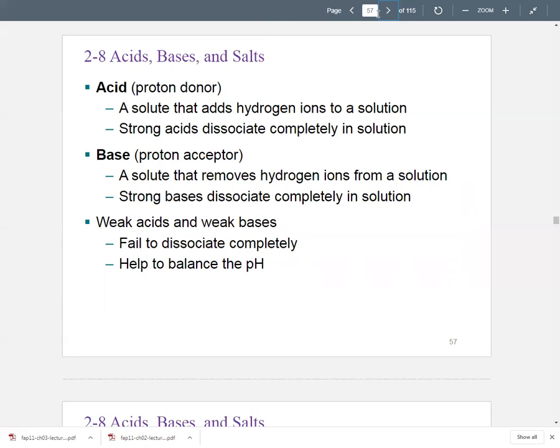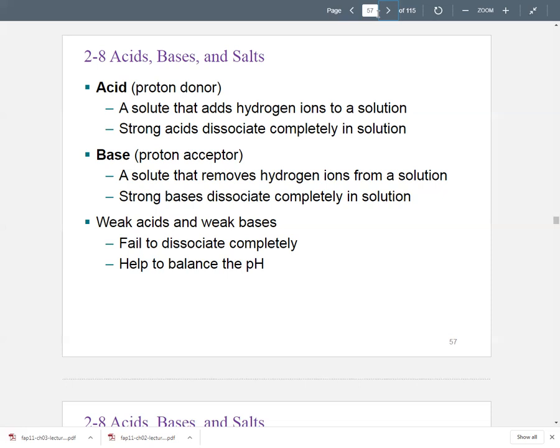Anybody remember how many protons hydrogen has? One, very good. So a hydrogen ion is an ion that lost its electron. If you had one electron and one proton, now all you have is one proton. So we call hydrogen ions protons.